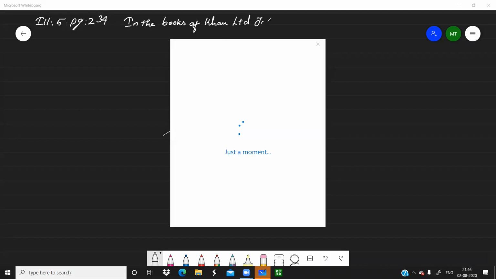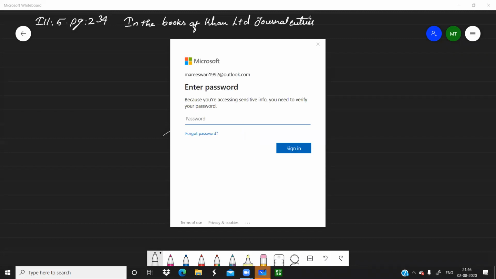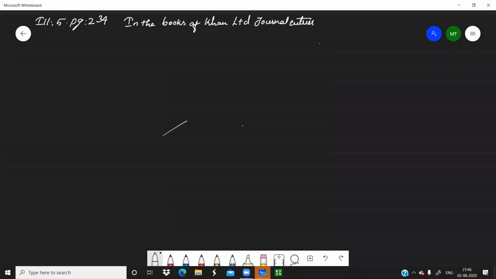The first one is bank account debit, to equity share application account.